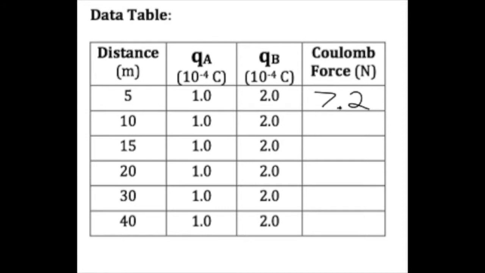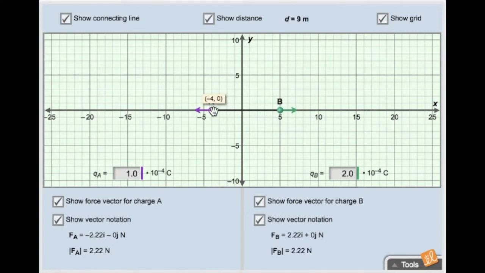Notice how the data table has the independent variable on the far left, the dependent variable on the far right, and the controlled variables in between. This allows us to easily make a comparison. We will make a comparison by keeping the size of the charges the same, but increasing the distance to 10 meters. The force is now 1.8 newtons.